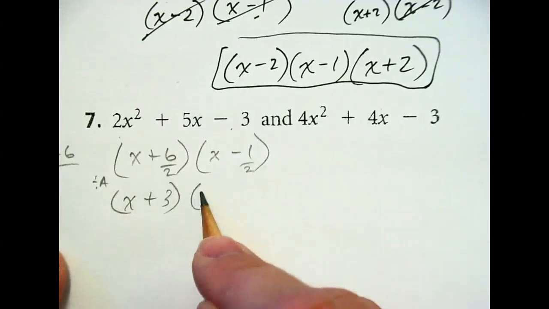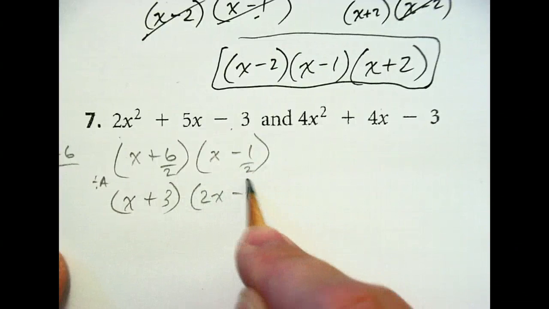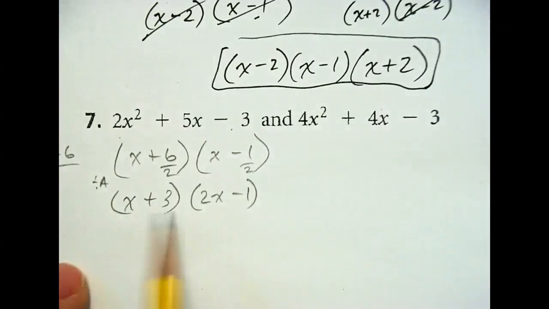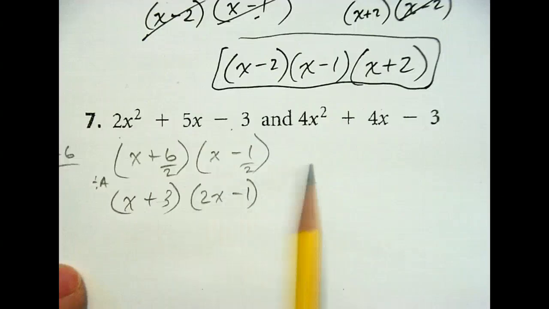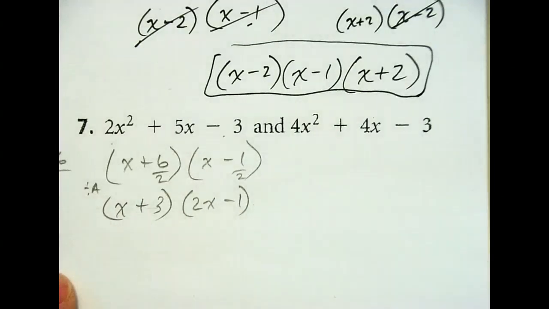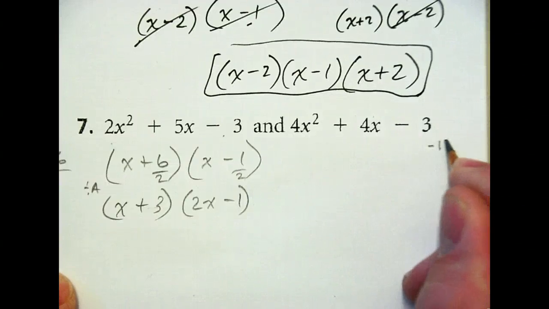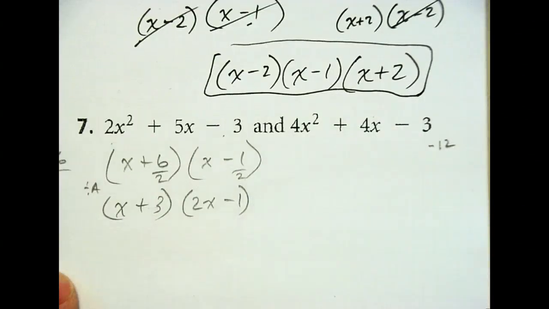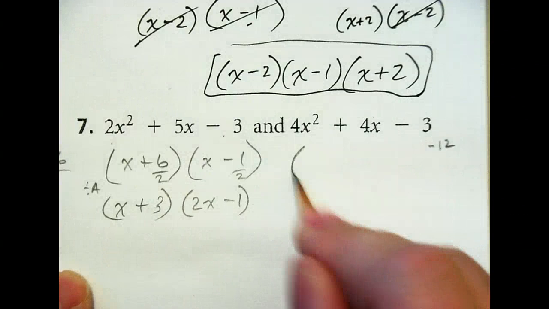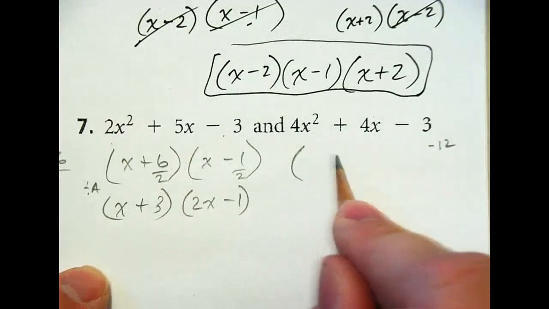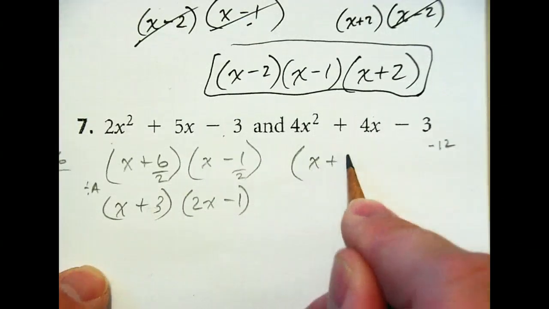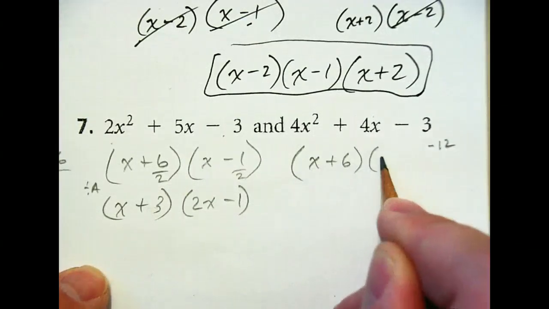2x minus 1. Now, when we did factoring earlier on, you just found the answers. This is where the factored form really becomes a big deal for you. 4 times -3 is -12. Two things to multiply to make -12 and add to 4? 6 and -2. So we get x plus 6, x minus 2.